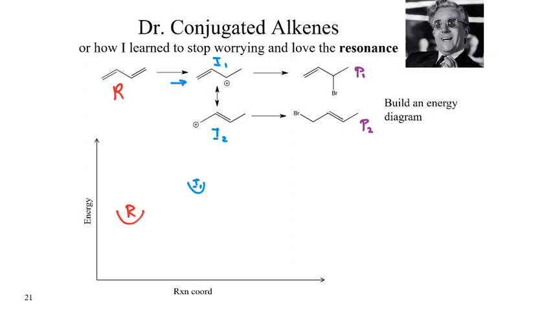That product 1 should be lower in energy than my intermediate, and it should be lower in energy than my reactant because I've lost a pi bond. I could now connect these out, and we would end with our energy diagram. So that would be one representative energy diagram.